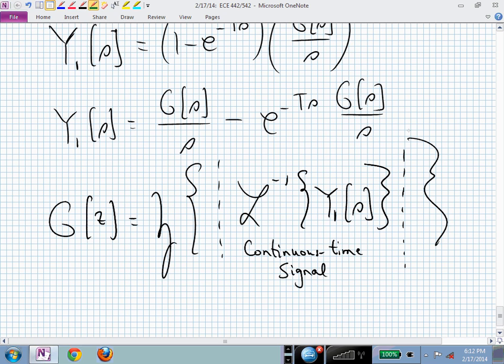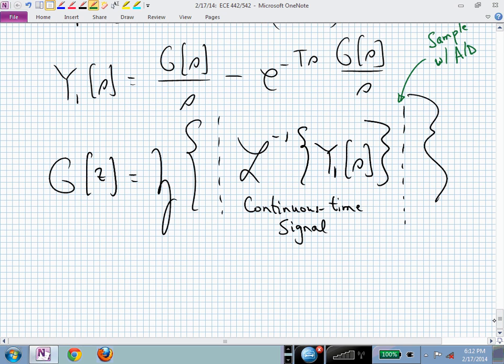These vertical dashed lines are the process of sampling with the A to D. And then after I've sampled this continuous time signal, I end up with a discrete time signal.